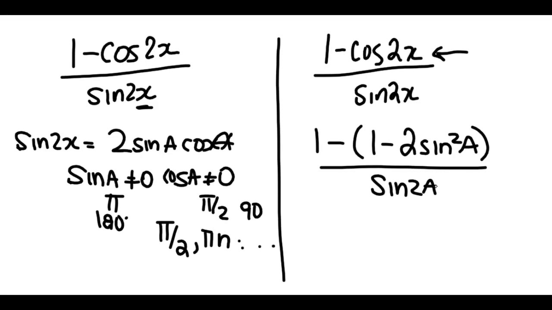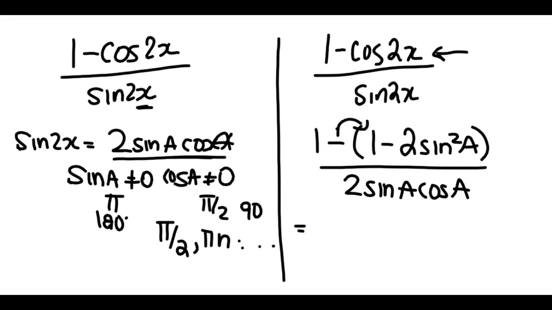And while we're doing that, maybe we want to change the bottom too. So we had said that sine 2x could be 2 sine A cos A. Now I'm just going to times this negative in to both pieces.